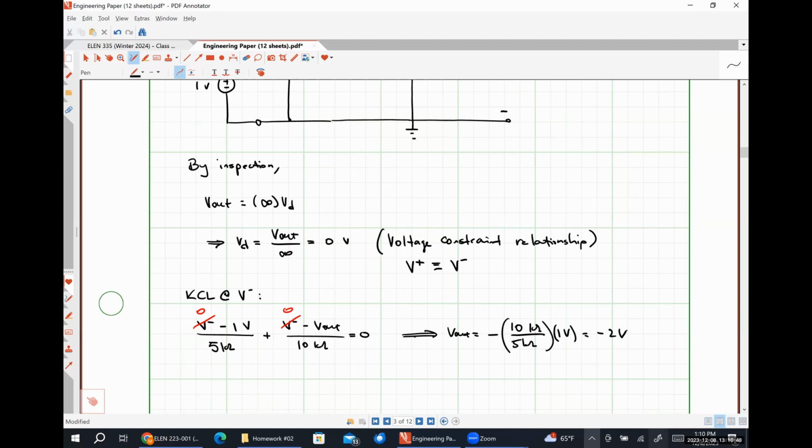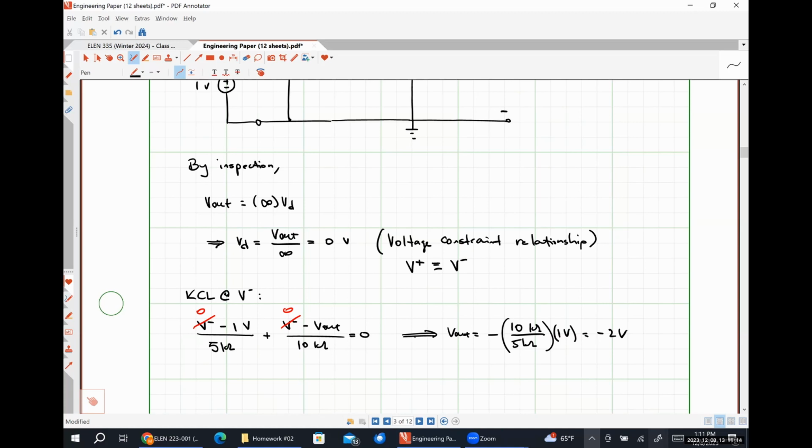So let me ask you guys a question. How much error did we introduce by using an ideal op-amp here? Practically nothing, right? So we went through all of the work with the actual parameters in there.